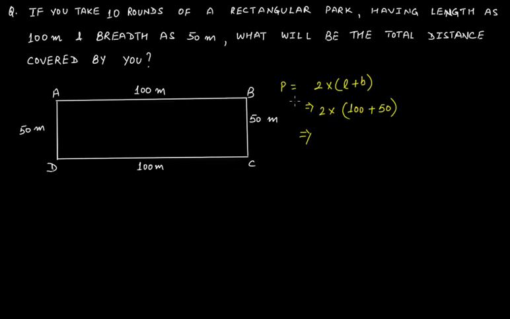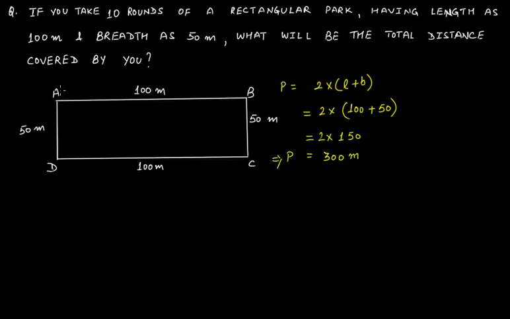So P is 2 times (100 plus 50). 100 plus 50 will be 150 and this will be 300 meter. Always remember the unit. Unit is very important. So perimeter is 300 meter.